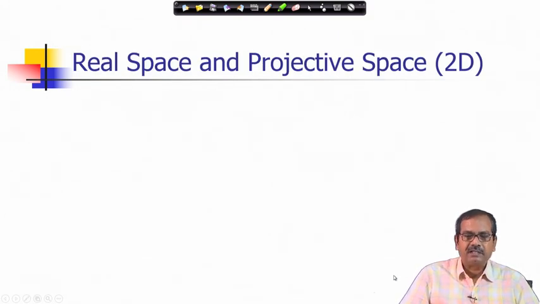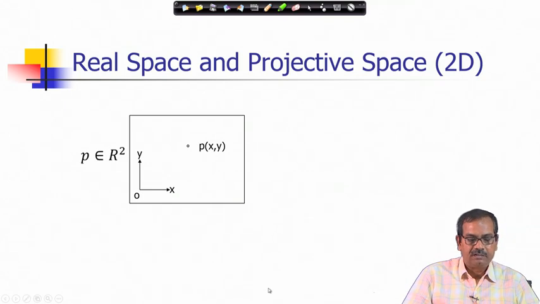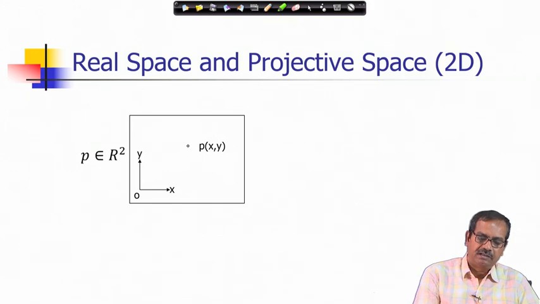Usually in mathematics we study geometry in the real space, in our school book geometry or later in analytical geometry. Consider a two-dimensional space where any point is denoted by a pair of coordinates, x and y.